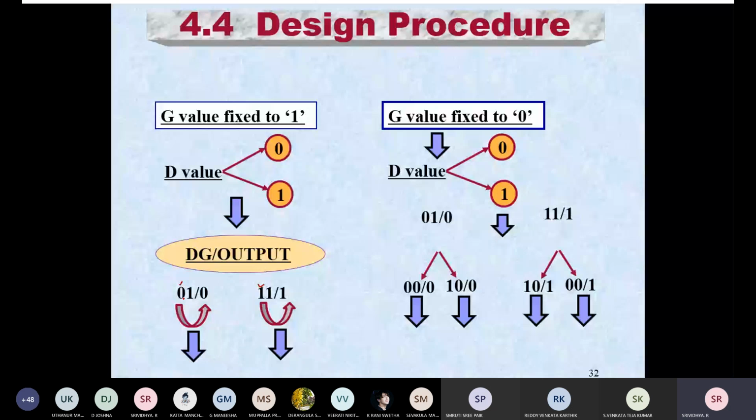At that time, as that boy told, your output will follow your D value. So in this condition the output is 0, and in this condition it is followed and becomes 1. Now this particular state becomes your A state, and this particular state becomes your B state. Any doubts in this first column, what I have done? From the question only I have framed this. Any doubts in this?